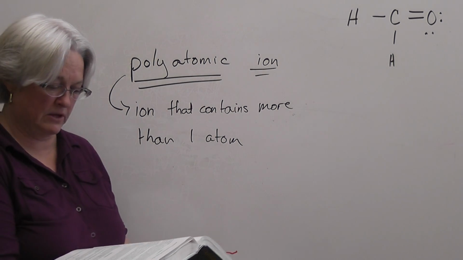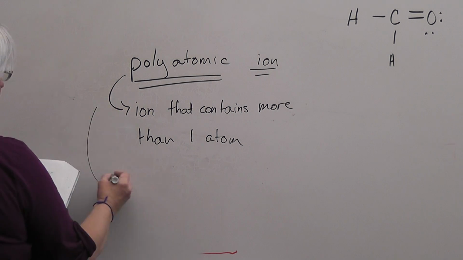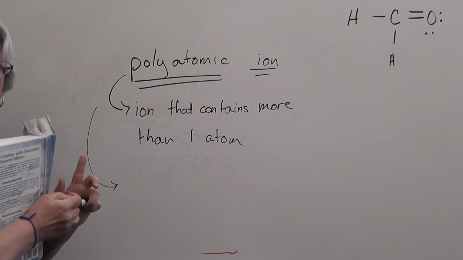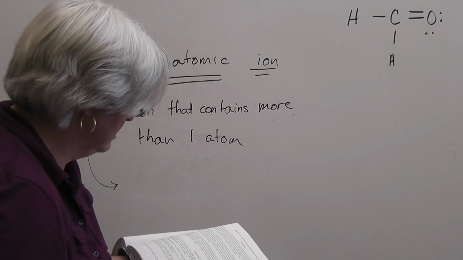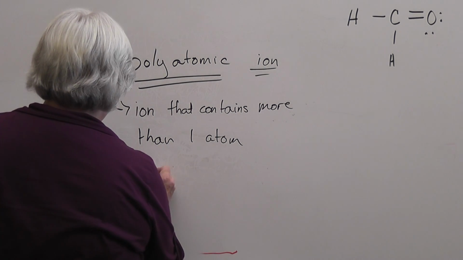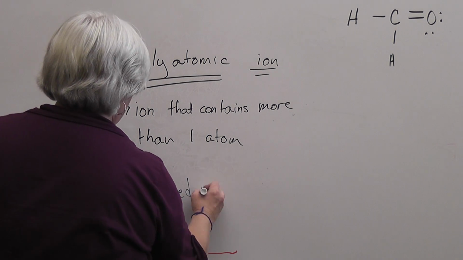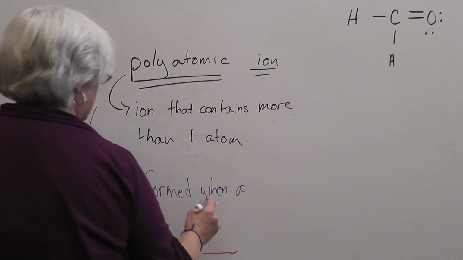This is a description of what it is. This is here his technical definition. What a polyatomic ion is, you'll want to know this. Polyatomic ions are formed when a group of atoms gains or loses electrons.